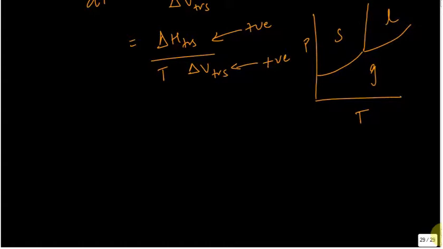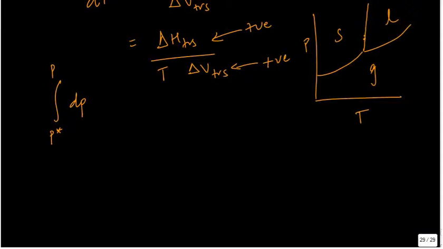So can we actually do some bit of maths and get this slope? Perhaps yes. So I have integral dP from P star to P. P star is my starting pressure on this particular line, and P is the next pressure, very close by, of course.